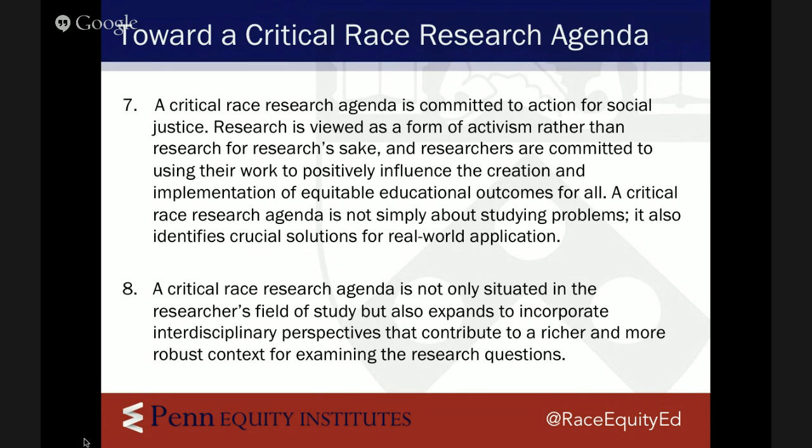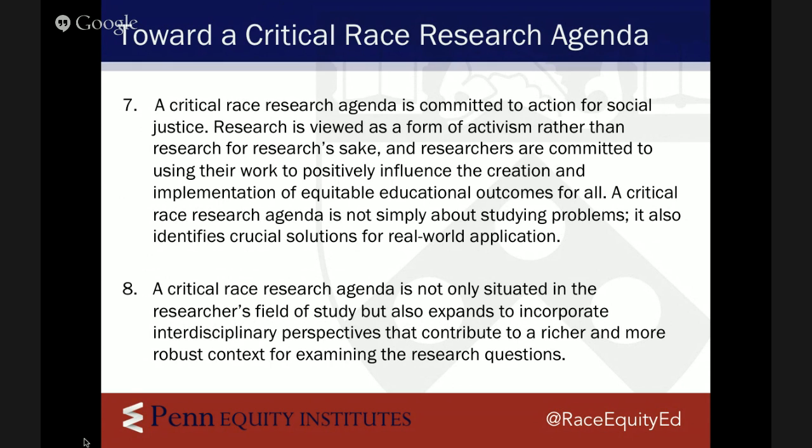A critical race research agenda is committed to action for social justice. So research isn't just done for the sake of doing research or just to explore, but it's really about making an impact or making a difference or contributing some knowledge that might promote equitable educational outcomes and can be applied in real world situations.